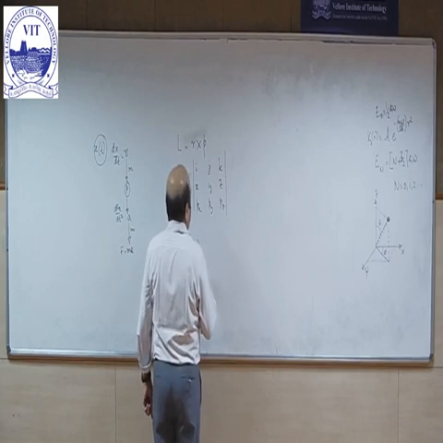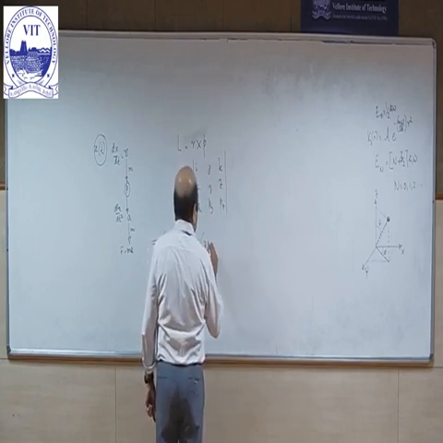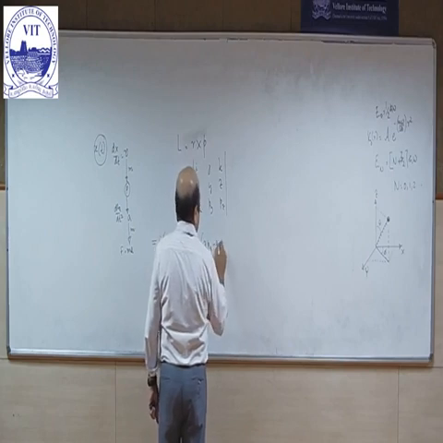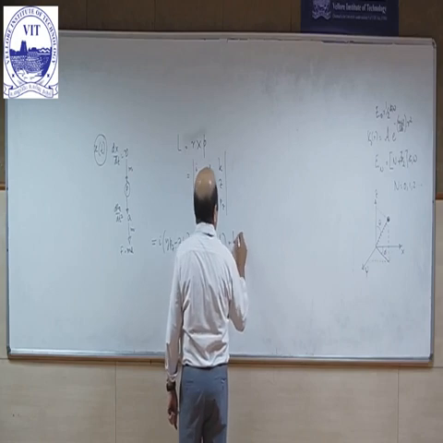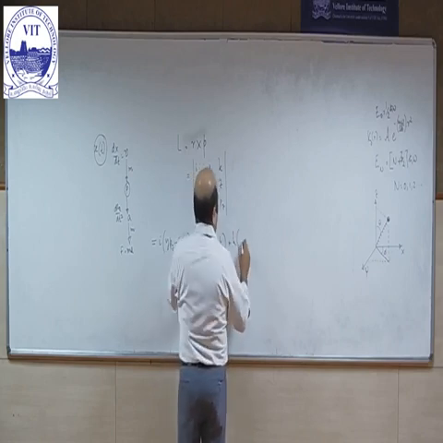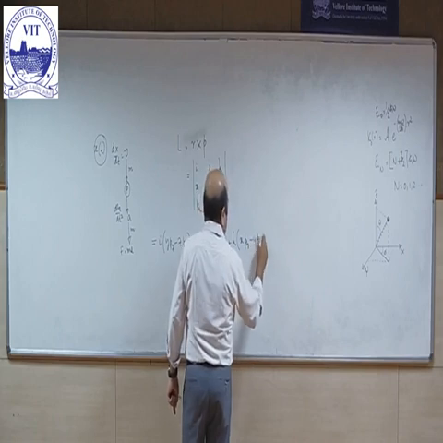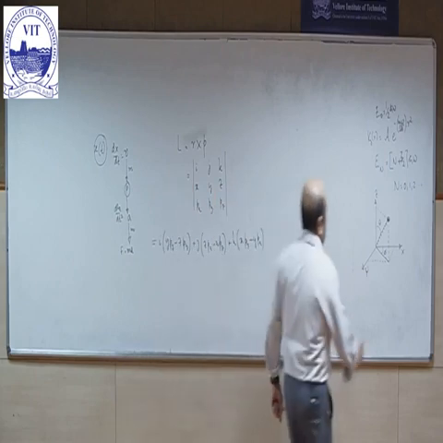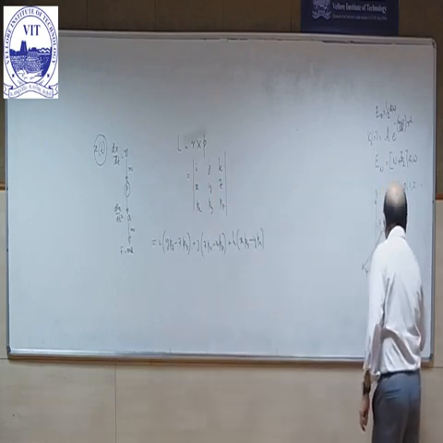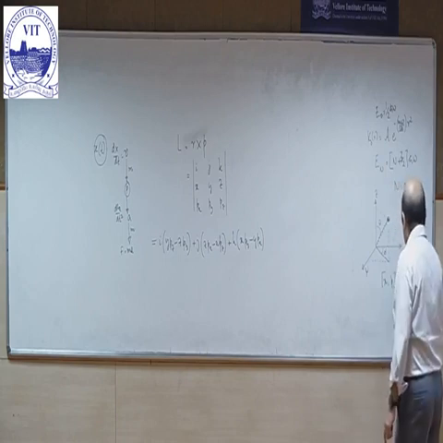Plus j (z px minus x pz) plus k times (x py minus y px). While you already know x and p has the commutator relation i h cross.